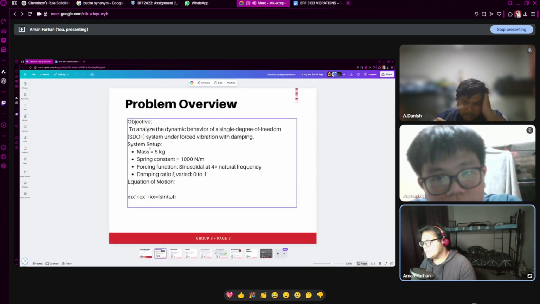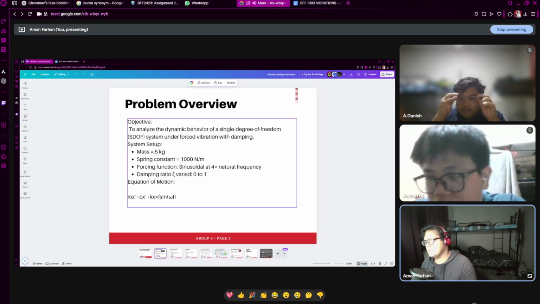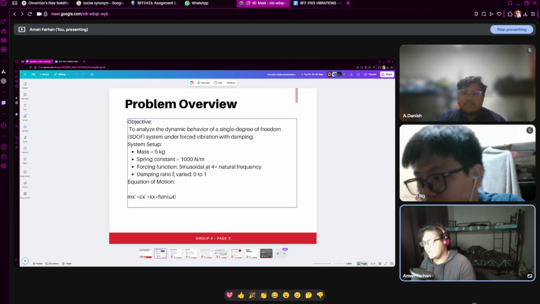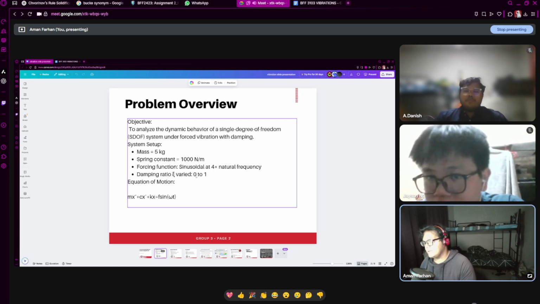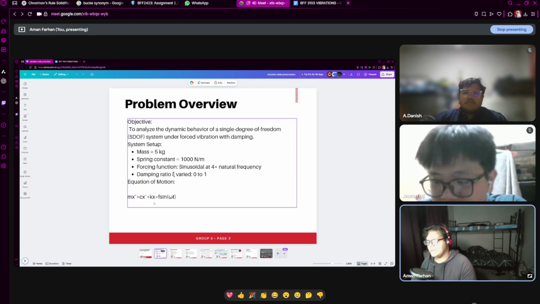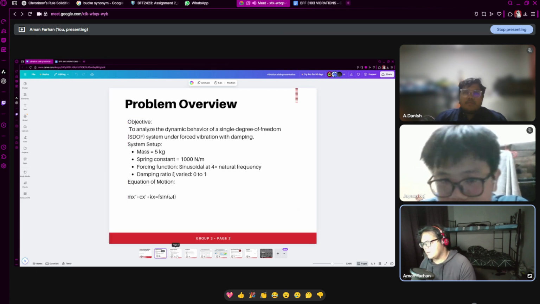The system setup consists of mass equal to 5 kg, spring constant equal to 1000 N/m, a sinusoidal forcing function at 4 times the natural frequency, and damping ratio varying from 0 to 1. Our equation is m x'' + c x' + k x = F sin(ωt).